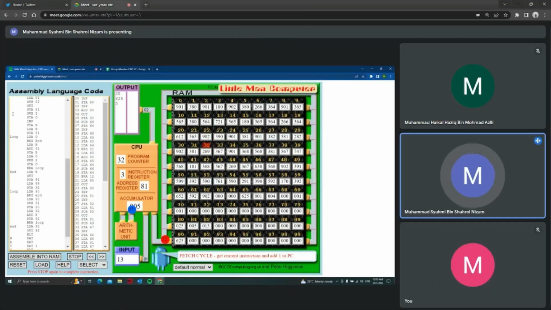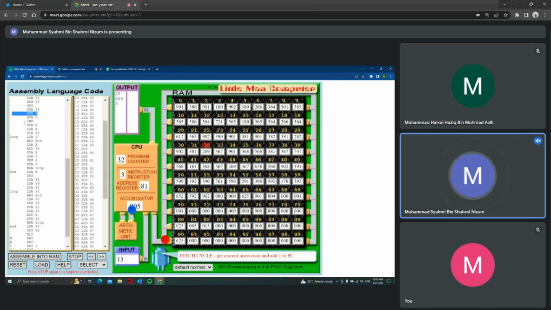So I will explain our multiplication operation. First, we subject our O with 1 at address 69, and we store STA O, and that one we store at 67.